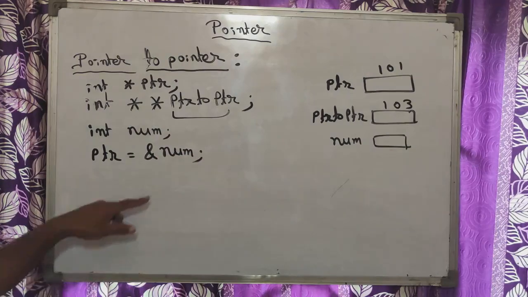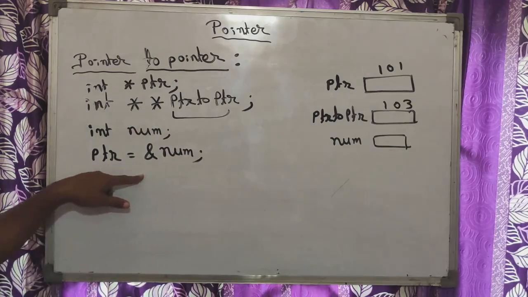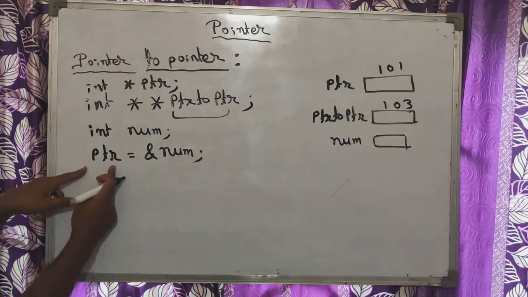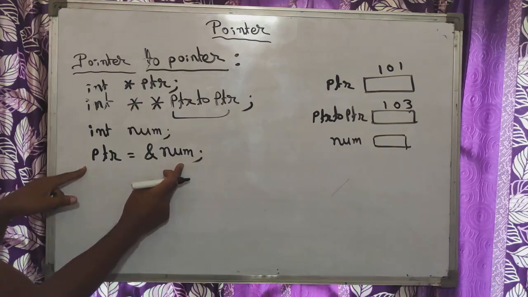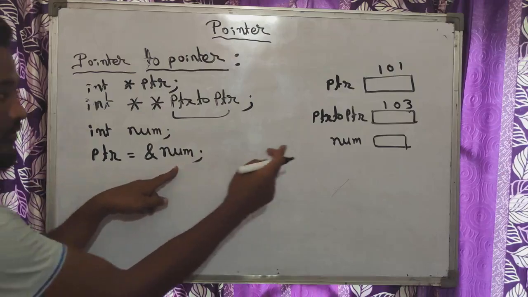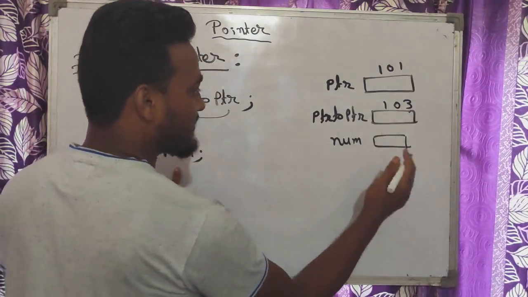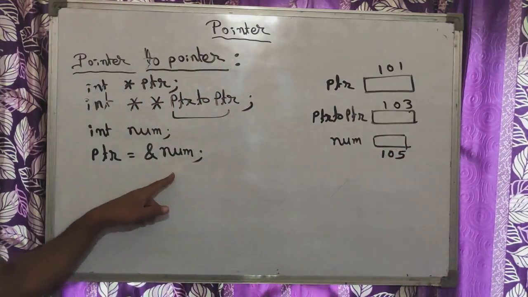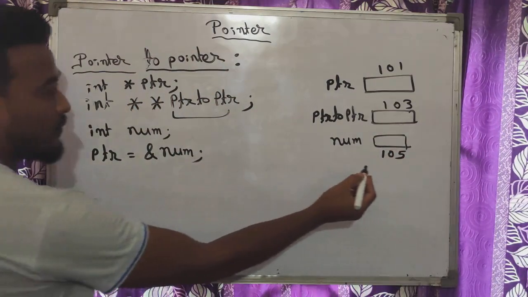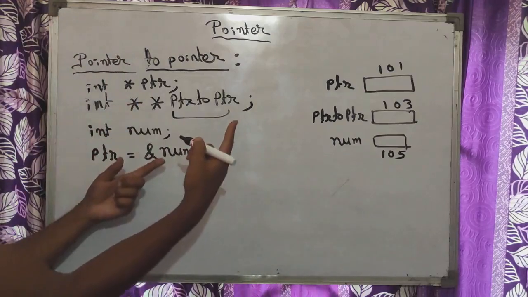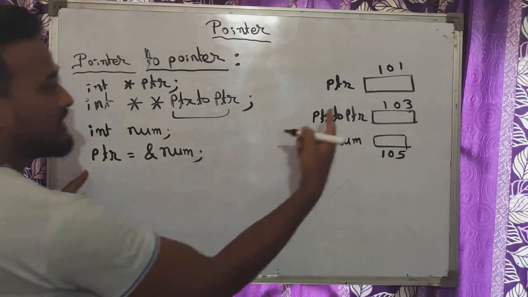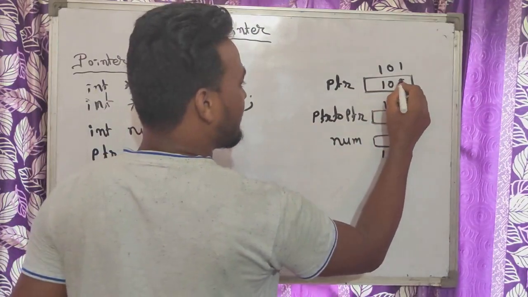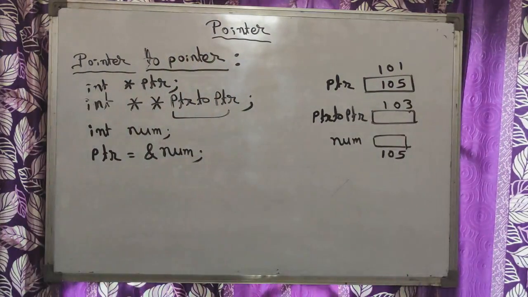That means ampersand means this ptr is getting a reference to the variable number. So obviously this number also must have its own memory address, say 105. That means this 105 will be stored inside ptr.